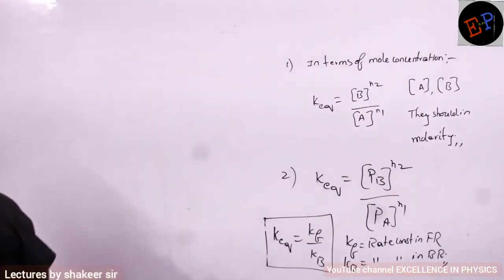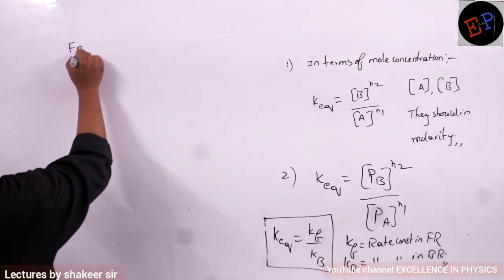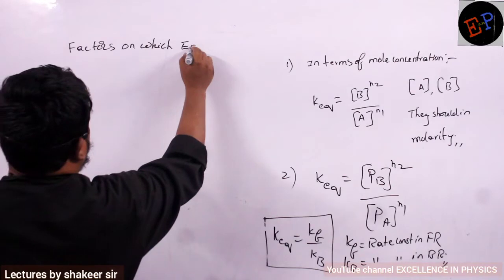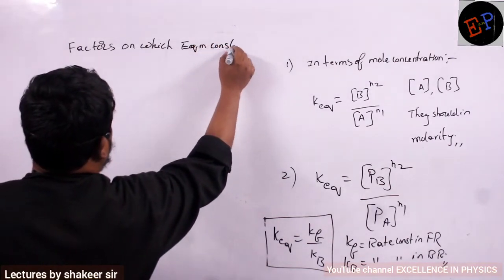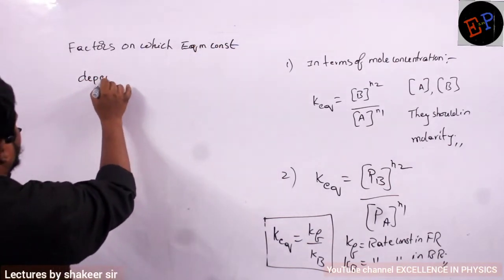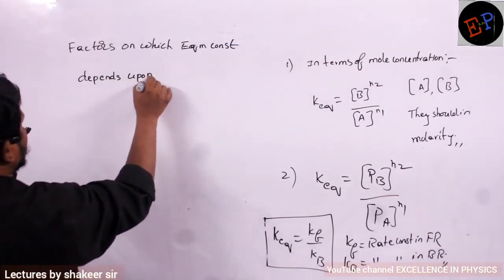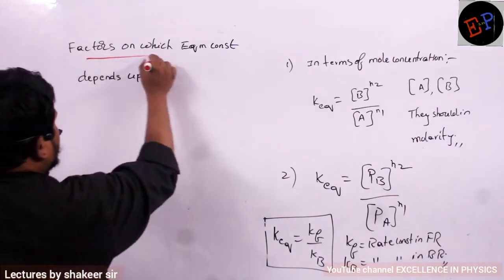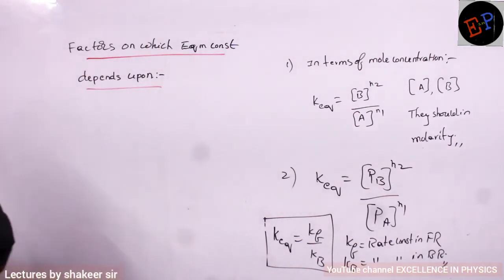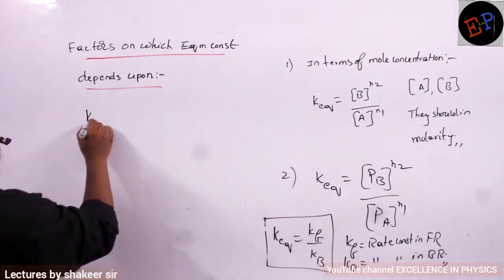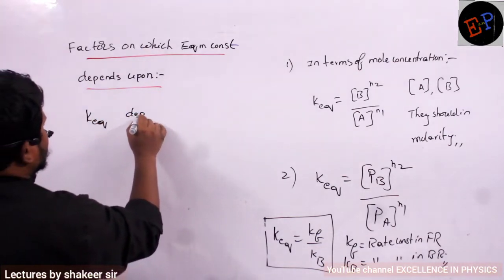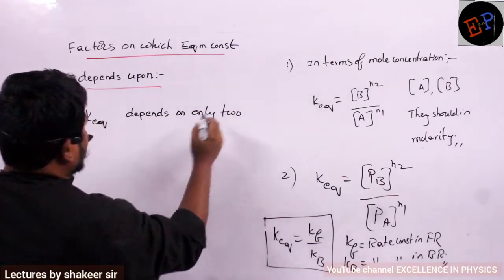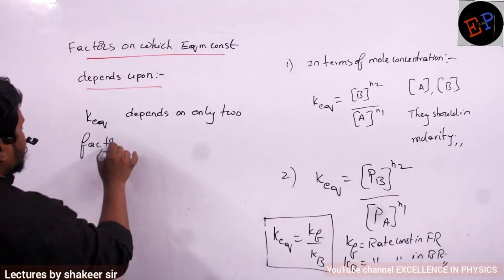Equilibrium constant depends only on two factors. What are the factors? A question can be asked on this one.